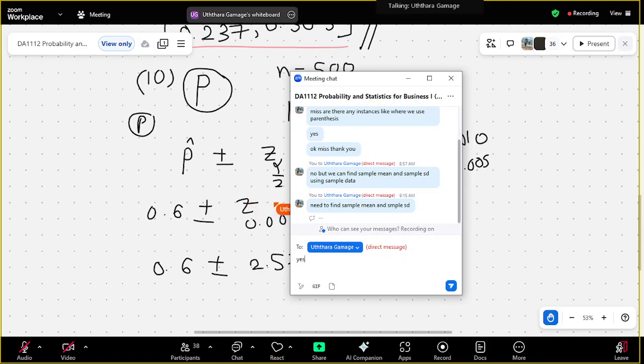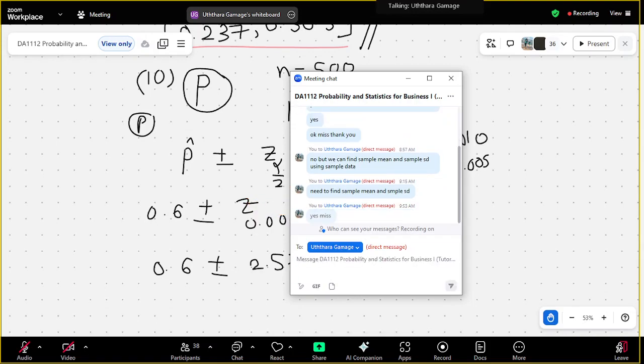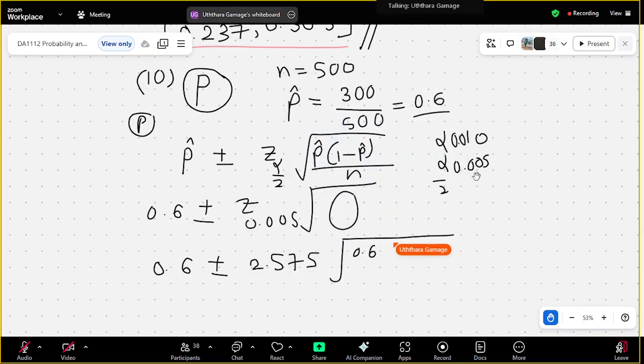It said 0.005 is 2.575, right? And 0.6, and 1 minus that we have 0.4. And n is 500.